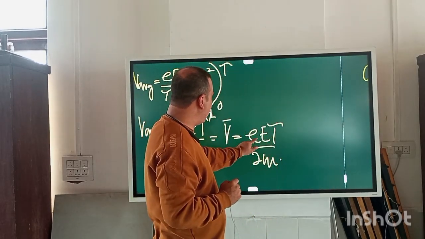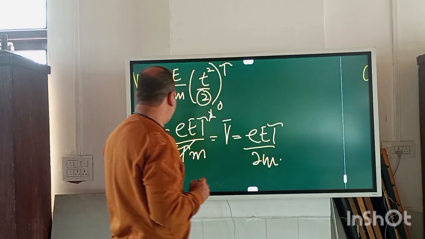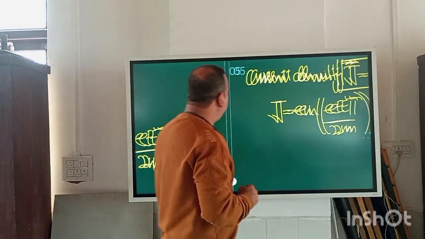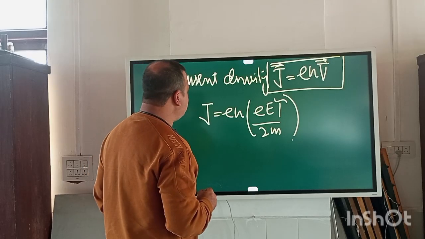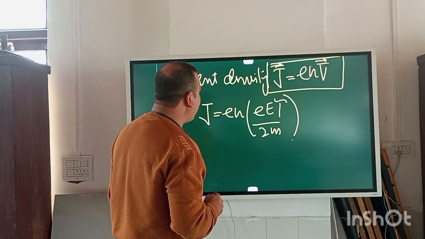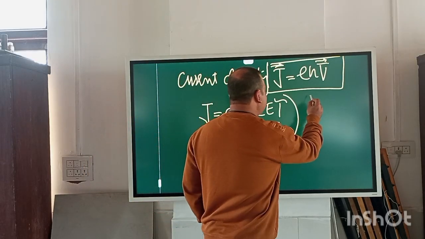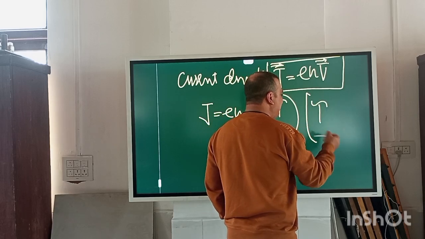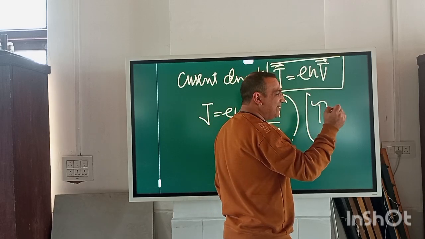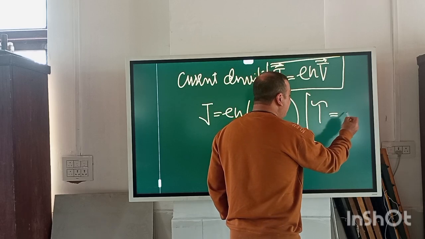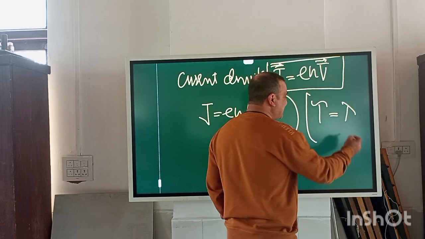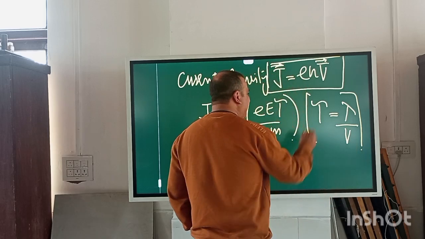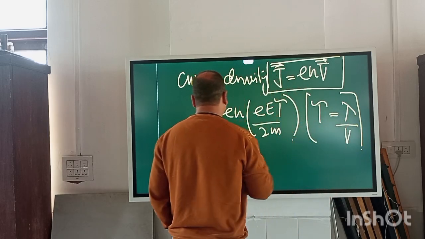So this is eE tau by 2m. Okay, so this is my J, and to define this tau, and tau is what? It's the relaxation time. It certainly has a link with the mean free path. Mean free path can be chosen as the distance divided by v. v is the velocity.